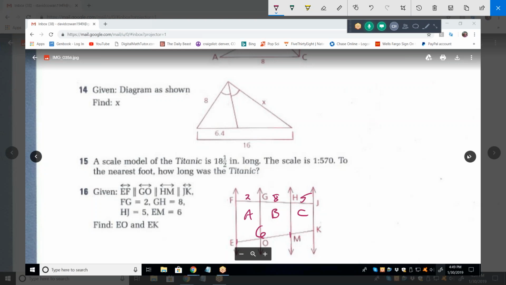For EO. Let's figure out EO and let's start with it. And let's put it in the numerator. EO is to what? As what is to what? Is to FG. EO is to 6. We know that measurement.